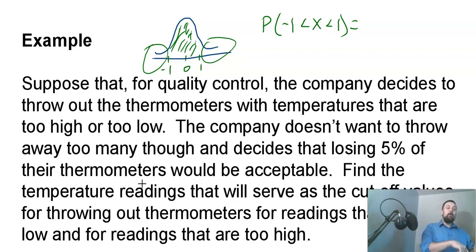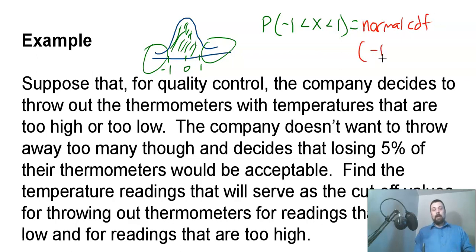If you have the probability or the area and you want to find the data values, that's inverse norm. So for this hypothetical I've just proposed, we are given the thermometer readings. We're given the data values. We want to find the area or the probability, so that's normal CDF.